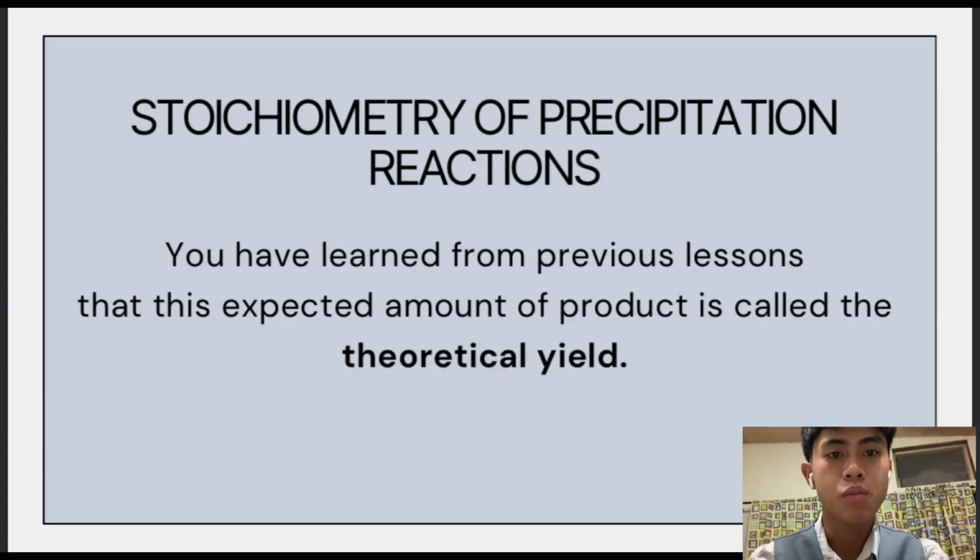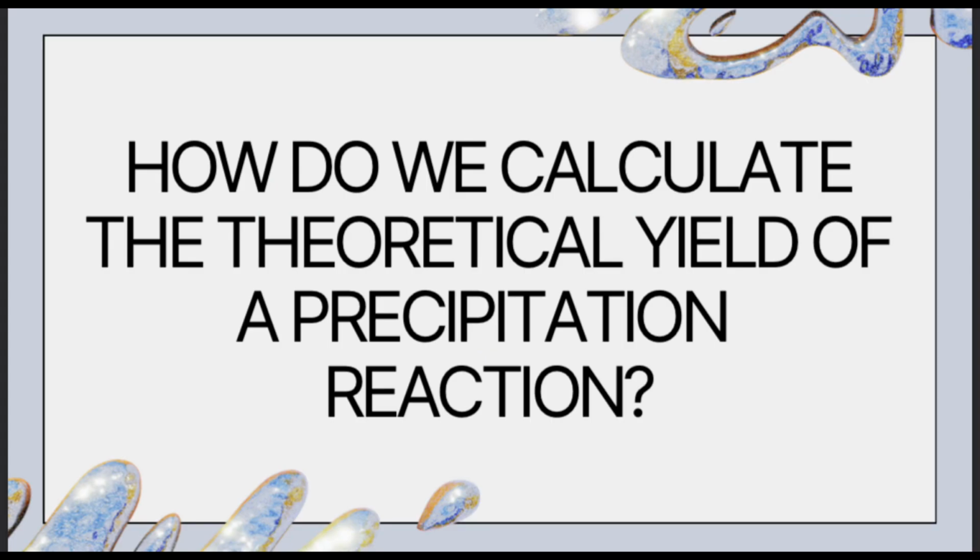Compute the anticipated quantity of Sr3(PO4)2 that will be generated from the reaction. As you've gathered from earlier sessions, the projected amount of product is termed the theoretical yield.